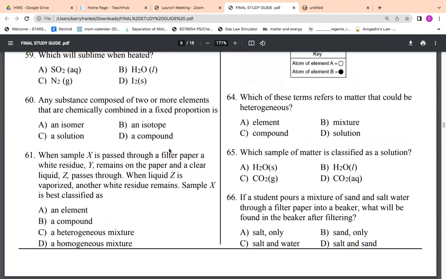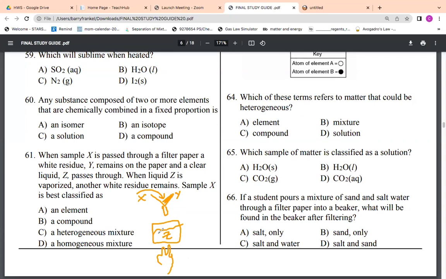So let's do number 61. Okay, I've actually given you guys this question before as well. So when sample X is passed through a filter paper, so we put X through, and what happens is a little white residue called Y remains on the paper, and a clear liquid passes through, and we're going to call this Z. When liquid Z is then vaporized, so that means that we put fire under it, another white residue remains.